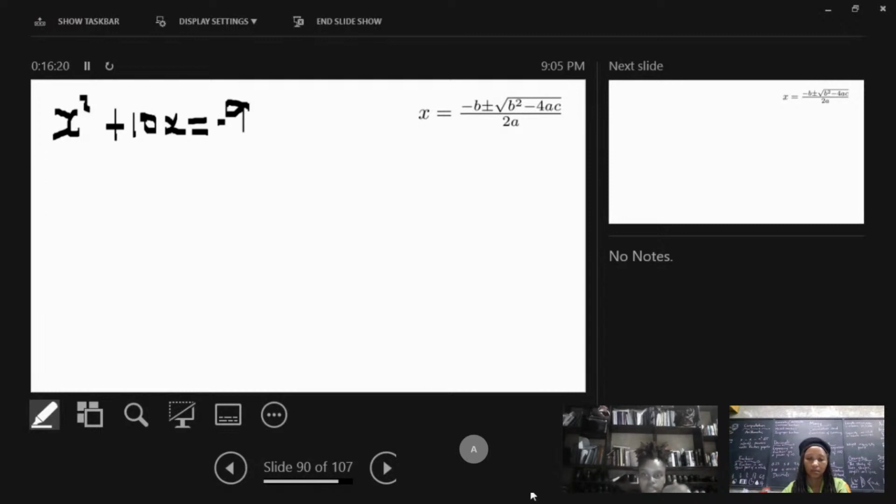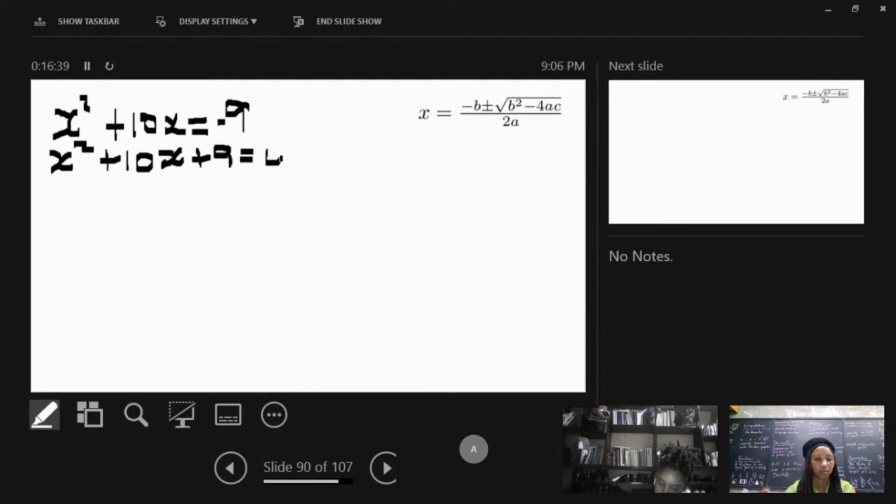So we're going to add 9 to both sides. It's going to be x squared plus 10x plus 9 equals 0. And our values for A, B, and C would be A is 1, B is 10, and C is 9.